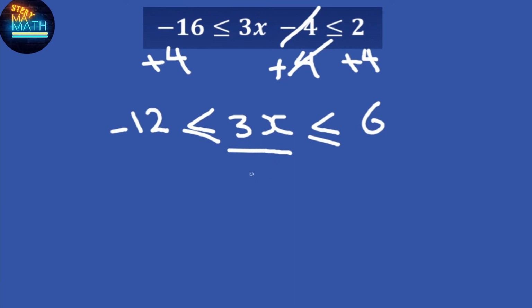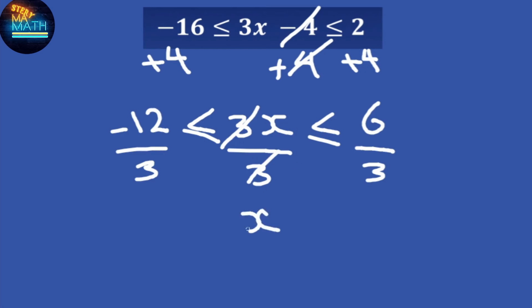So here is divided by 3, and also here, and also here. 3 divided by 3 is 1, so it will be x is greater than or equal to 12 divided by 3, which is 4, but you have negative, so it would be negative 4. And less than or equal to 6 divided by 3, which is 2.